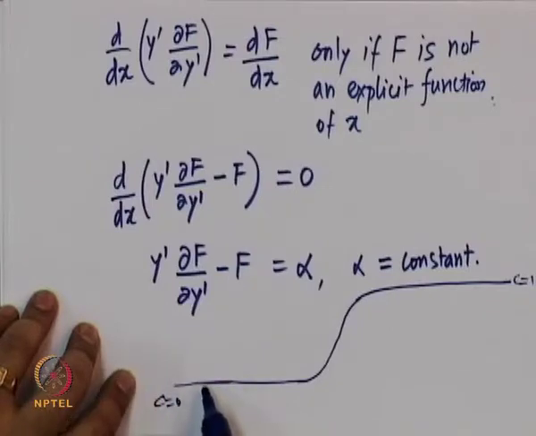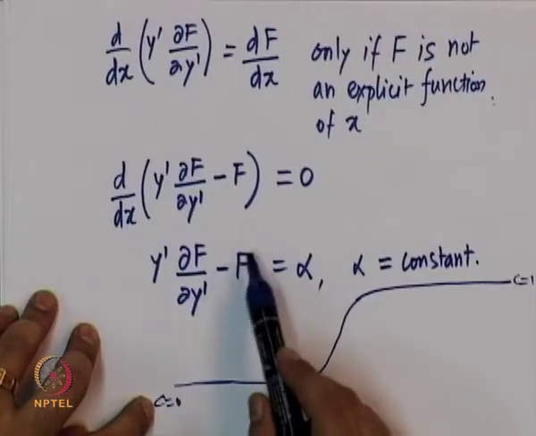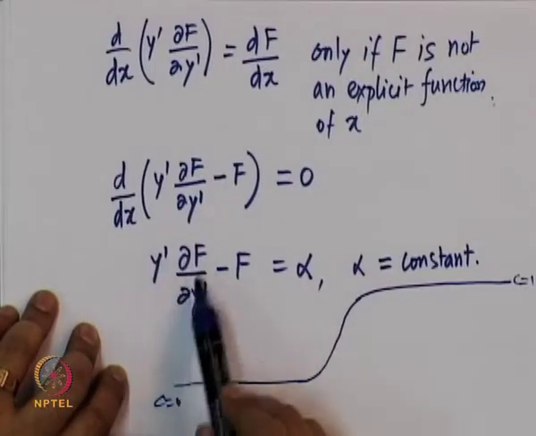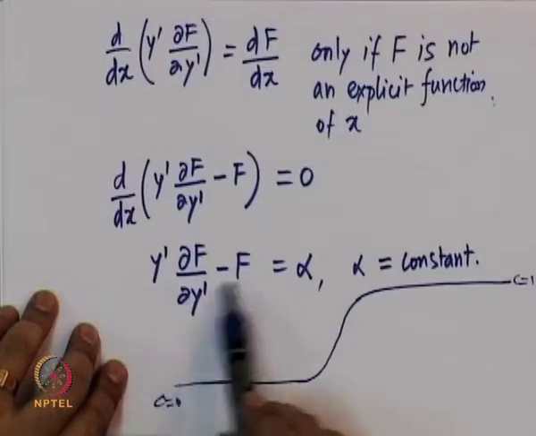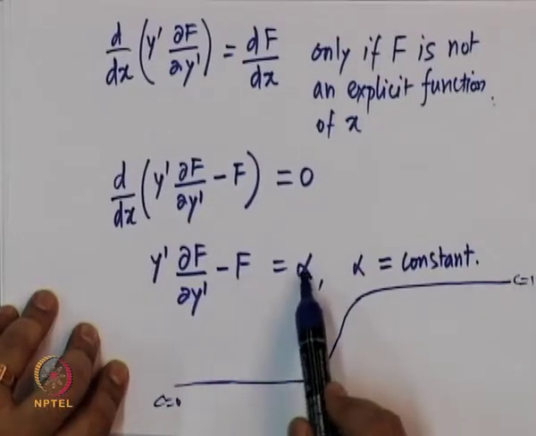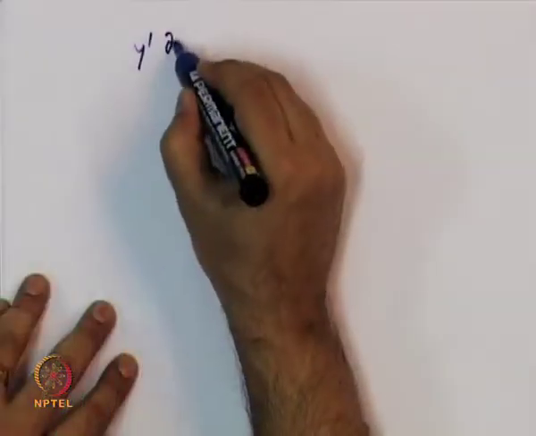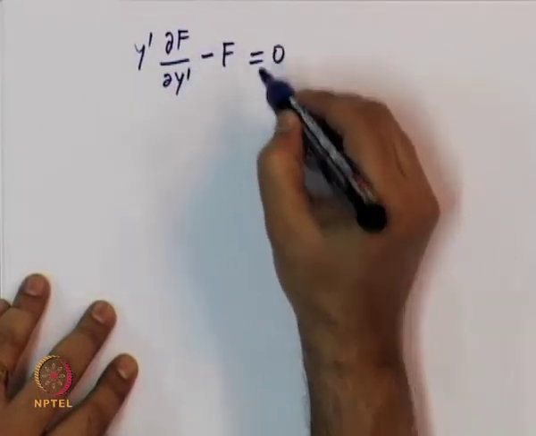So, dc/dx term is 0 and c is 0, that means a c squared into (1 minus c) whole squared is 0. So, this quantity becomes 0, and because dc/dx is 0, this quantity is 0. So, alpha is 0, we know at these 2 points, because alpha is a constant, then if it is 0 at any point, we know that that constant is 0. So, we have this result, namely y prime ∂f/∂y prime minus f is equal to 0.